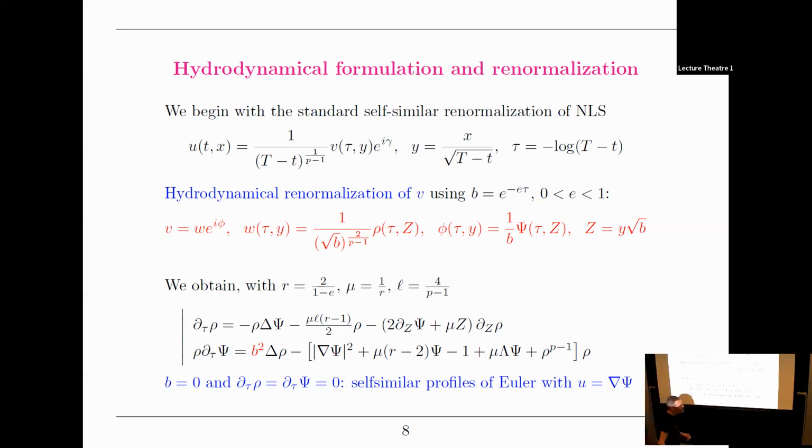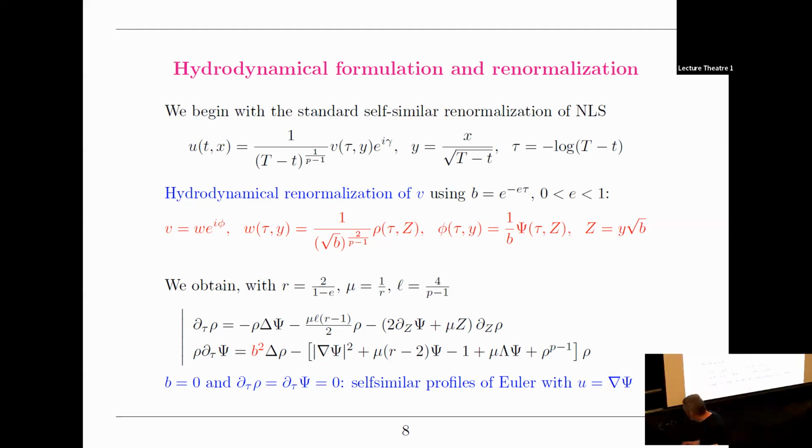Let me write in the middle then. I'm going to write rho is equal to some Euler profile, so let me write rho p, plus some remainder, rho check. And I'm going to write psi is equal to psi p plus psi check.